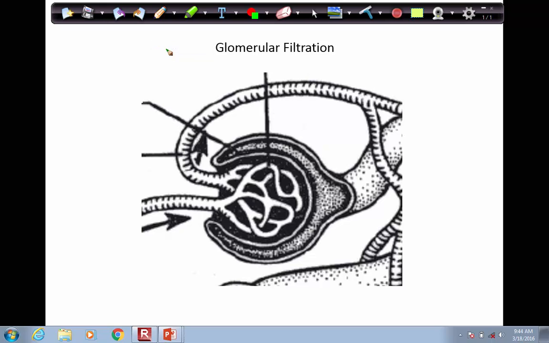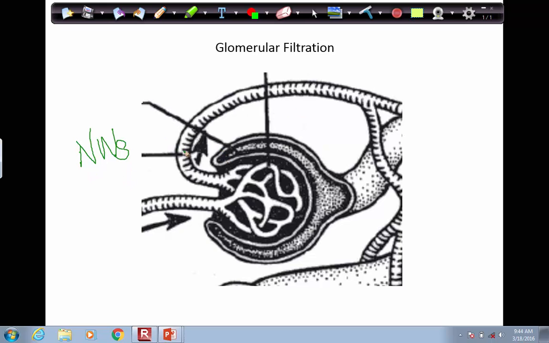Now, let's talk about what gets filtered out. So what actually enters into the glomerular capsule? I like to call these small molecules NWs. And the reason why I call them NWs is because those letters are the first letters of all of the substances.